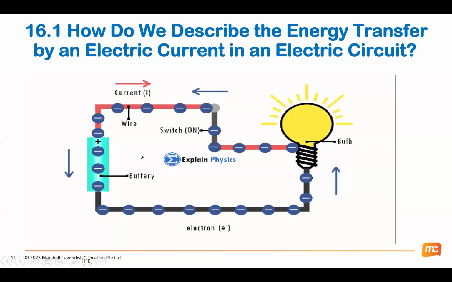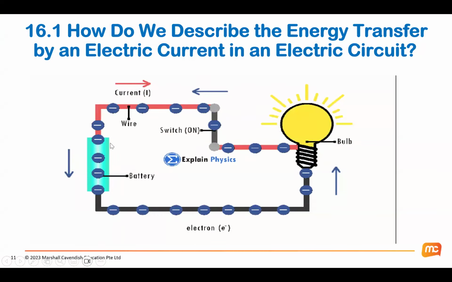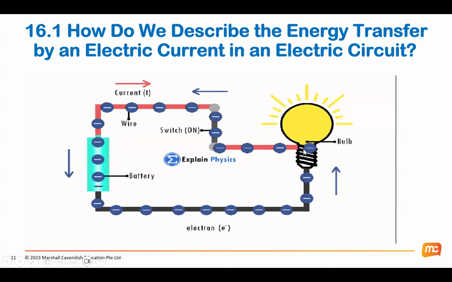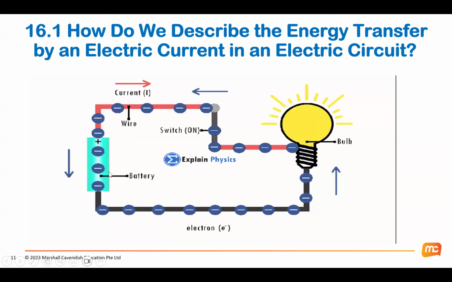You can take a look at this. This is a simulation or an animated picture of current flowing. All these circles are actually electrons. So there are electrons in the wires, in the batteries, in the light bulbs. Once the electrons move, we say that there is a current.